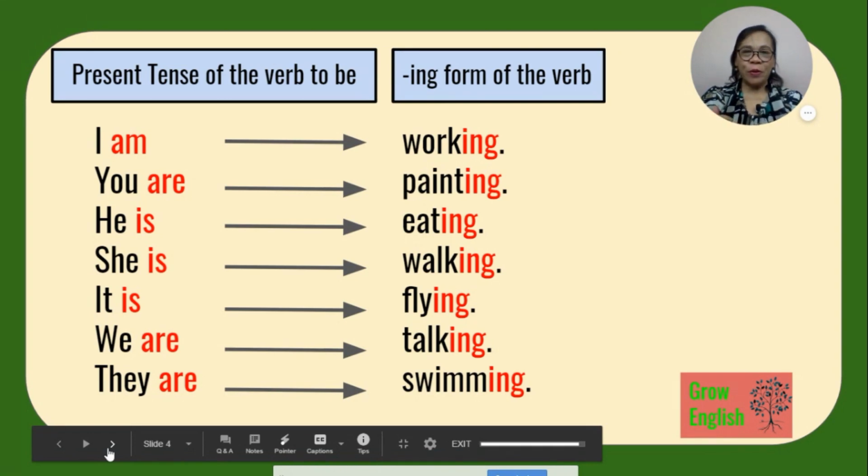Okay, so for the complete sentence, we have I am working. You are painting. She is eating. Or he is eating. She is walking. It is flying. We are talking. And they are swimming. Okay, so these are the sentences in the present continuous.